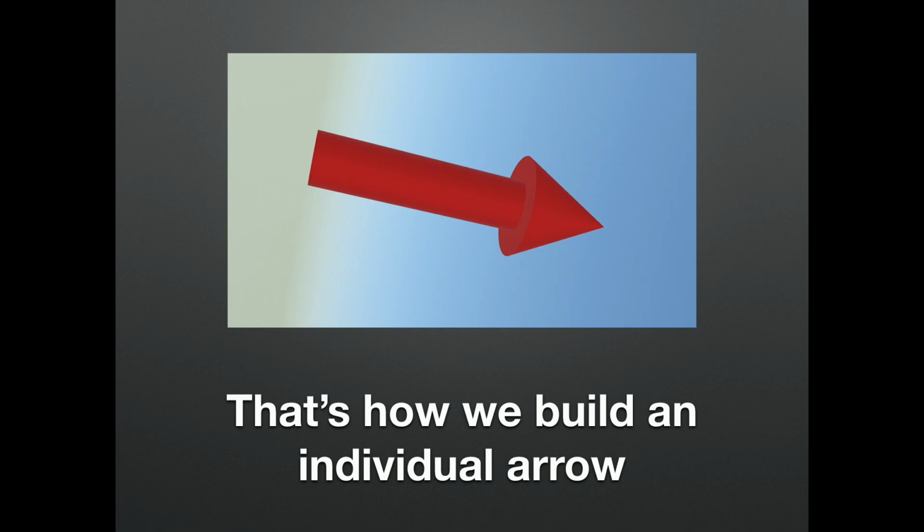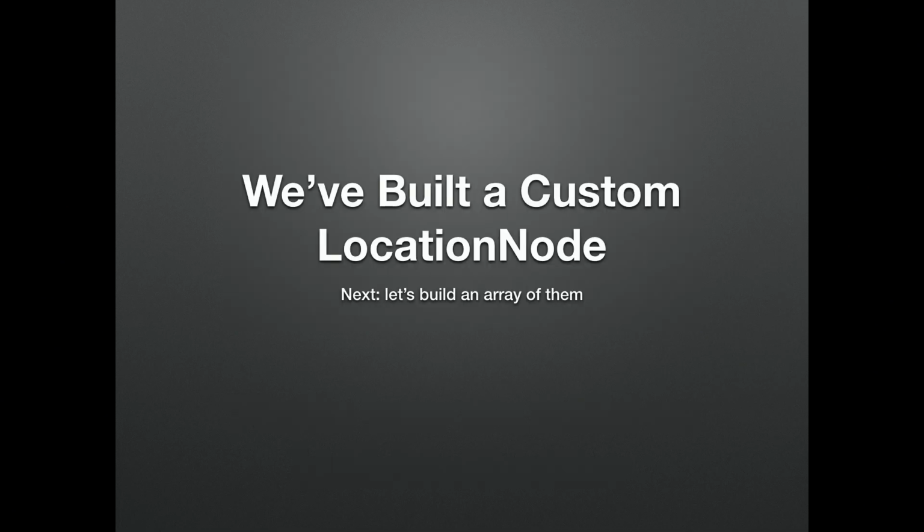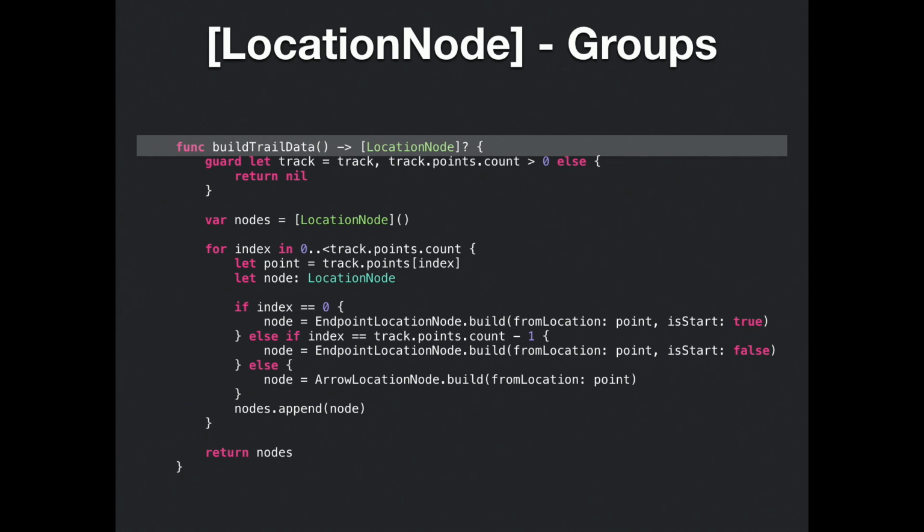Now, in the demo we're going to be putting together, though, we're going to move on from building one custom node to building a number of them. So in this case, we're going to take a trail. So if you can imagine an array of points that signify a trail, and I'm sure you can imagine my motivation behind this would be the apps that I work on a daily basis.